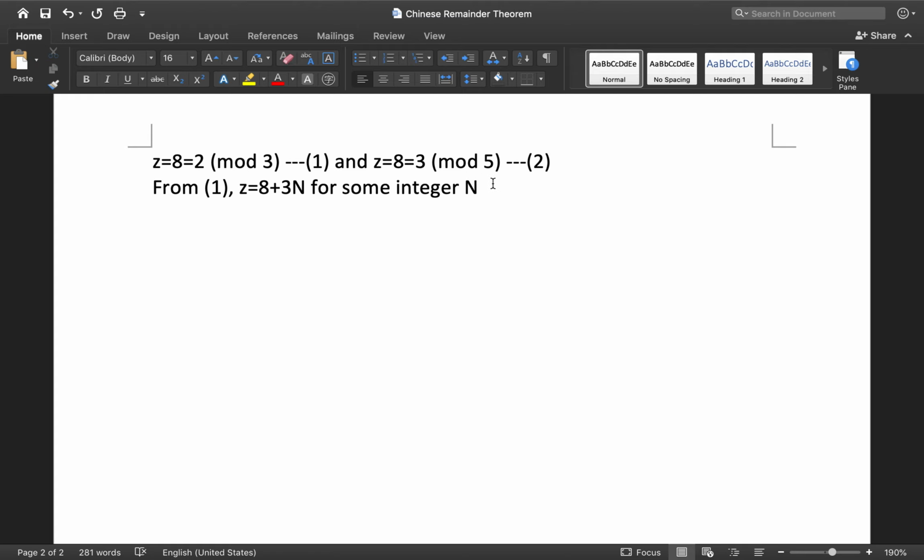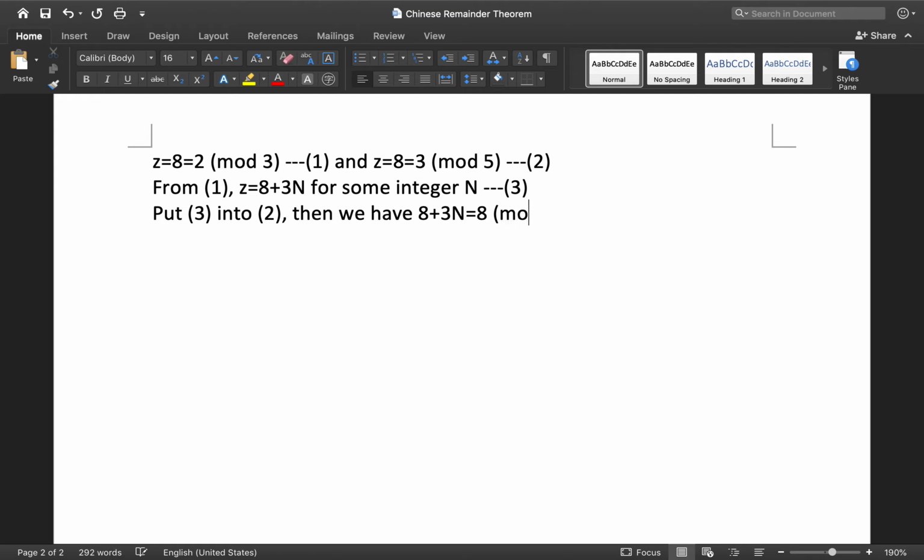Now, what next? The next thing we can do is to put this z equal to 8 plus 3n into the second equation. Then we have 8 plus 3n, which is congruent to 3.